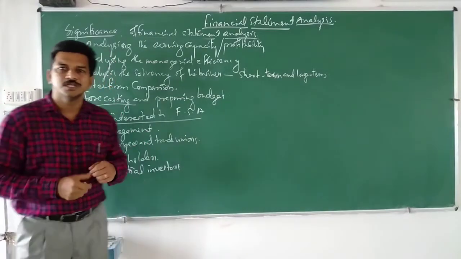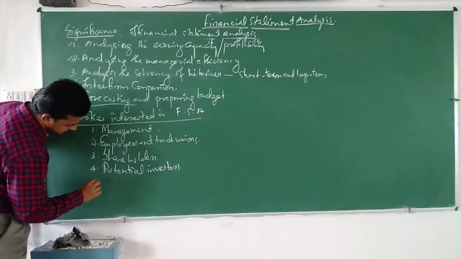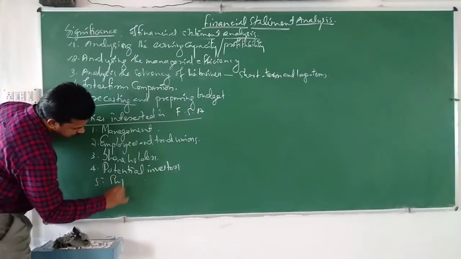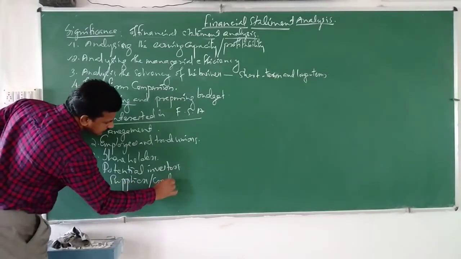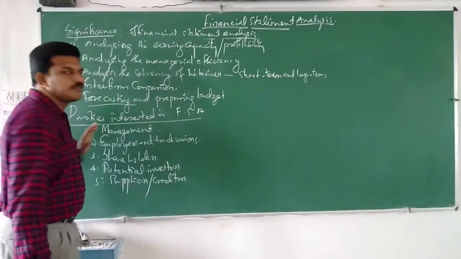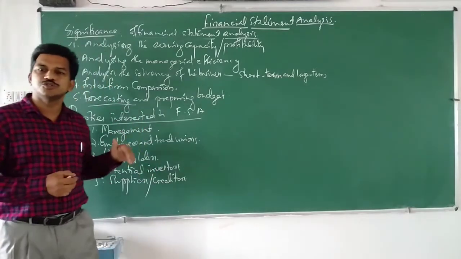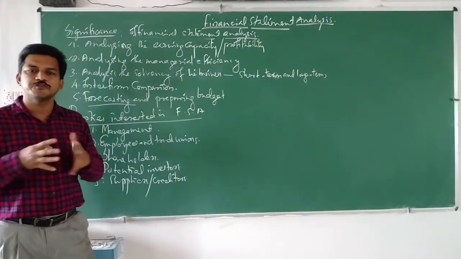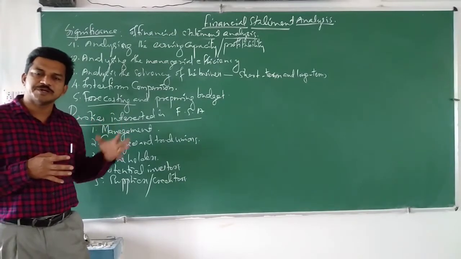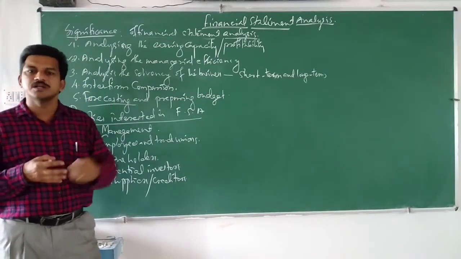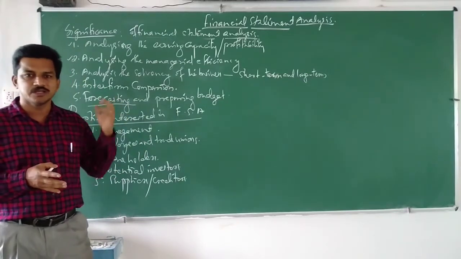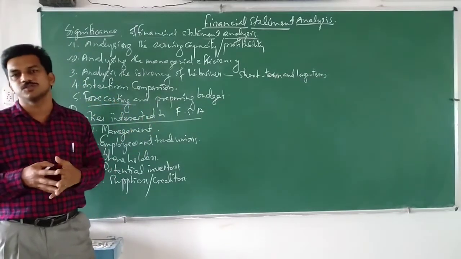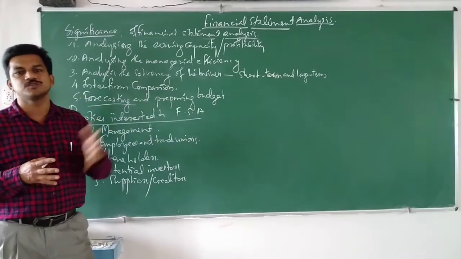Another category is suppliers or creditors. Why do suppliers and creditors need to check that? Because they are the people who have already given raw material on credit. They have given the credit services to the business. Goods are given on credit to them.